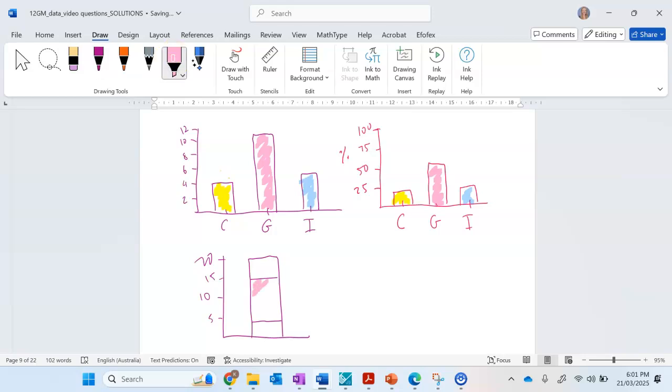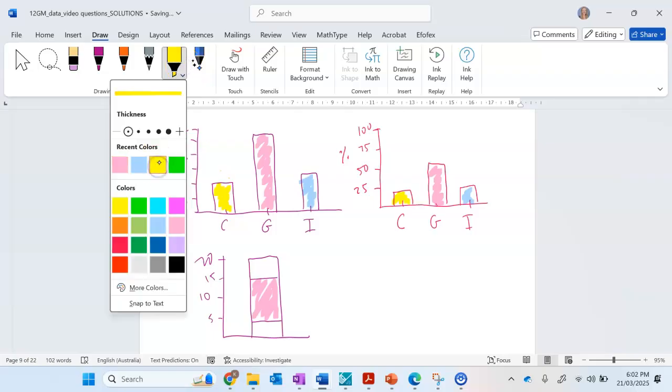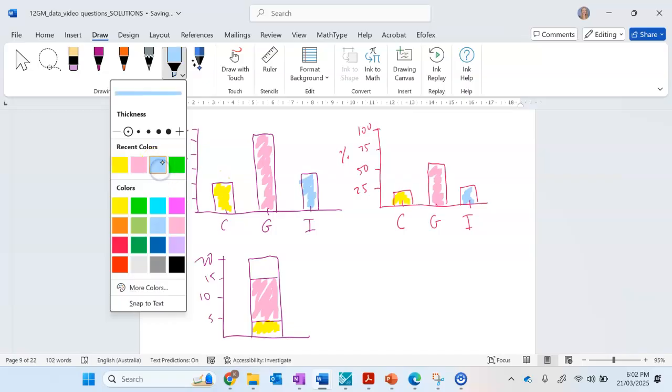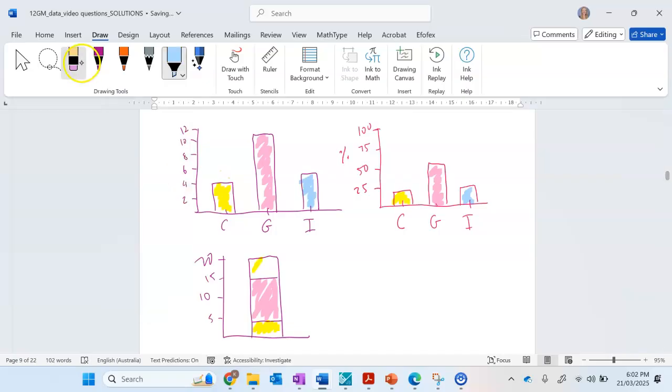So when we're sketching it, there's that pink section. Here's your yellow section. And then our blue section. All right, so you've got a bar chart here. So this is your bar chart. This is your segmented bar chart.